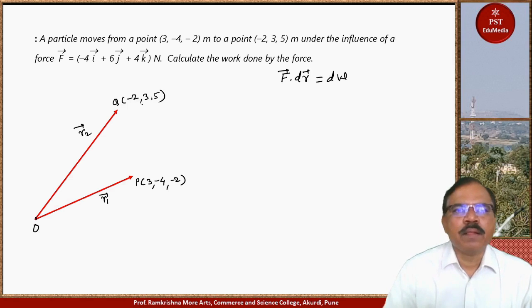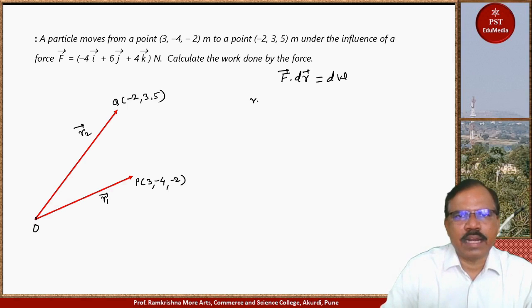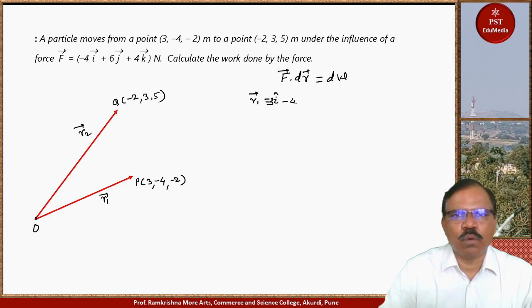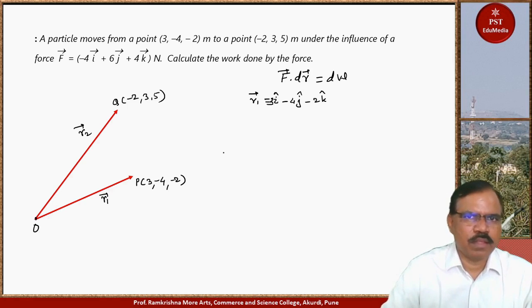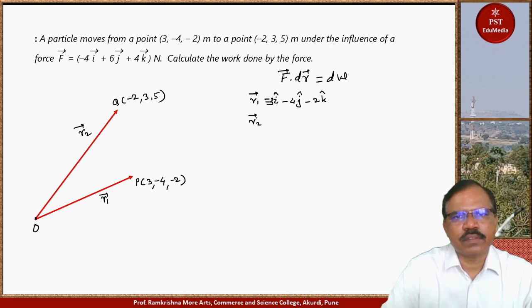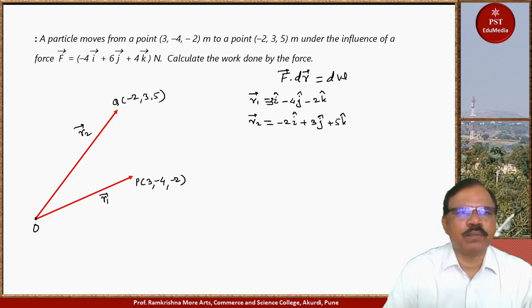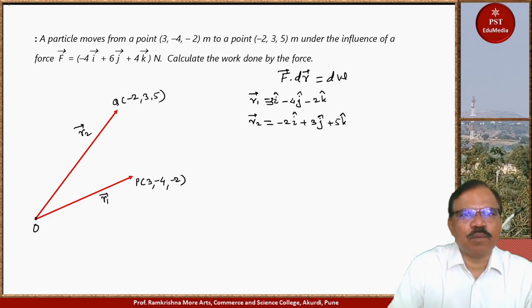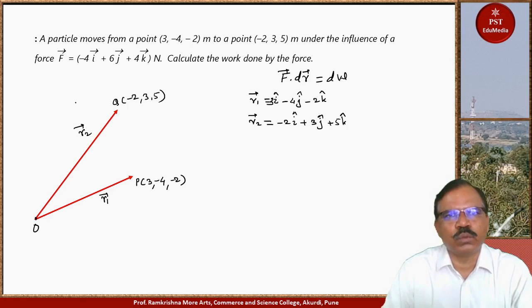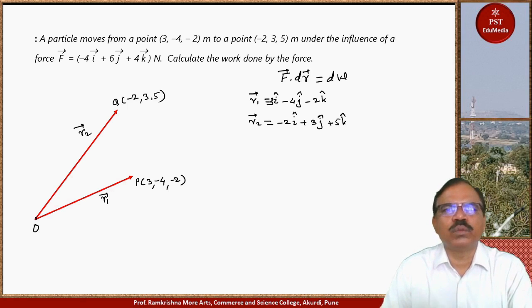So vector R1 we can write as 3i minus 4j minus 2k. This is called the position vector. R2 we can write as minus 2i plus 3j plus 5k.